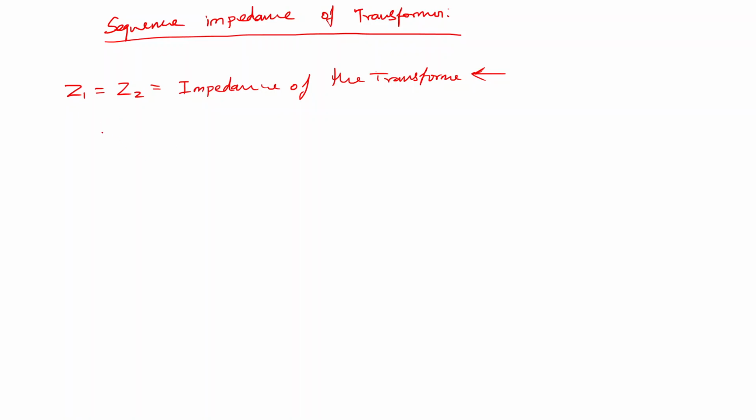Okay, and Z0 is equal to Z1 if there is a path of earth current. What is the meaning? Say for example, if the transformer is connected to ground, the neutral or the earth is there to close the path of earth current, or the neutral is connected to earth, then Z0 is equal to Z1, otherwise it is infinity.